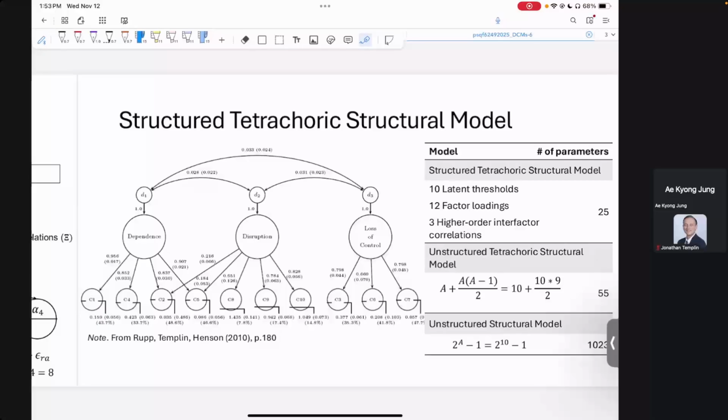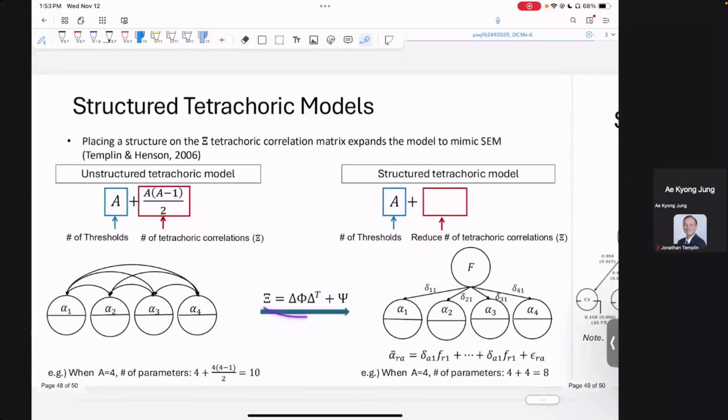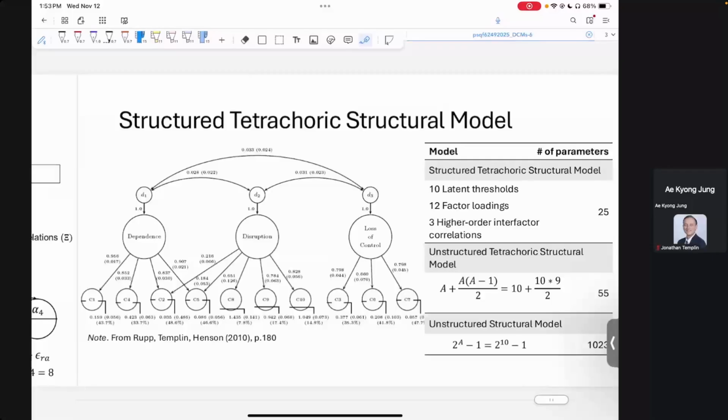So we reduce this relationship using this model. So now we have 10 latent thresholds because each criterion will have a threshold. Now we have 12 factor loadings because 2 criteria are measuring 2 attributes, 2 factors. So 10 plus 2, we have a total of 12 factor loadings.